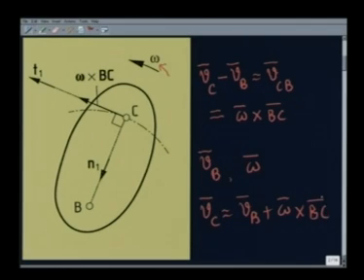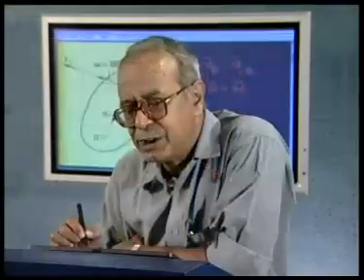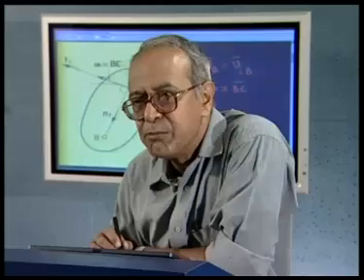We should note that there can be only 3 independent unknowns, namely 2 components of Vb and omega. Then the velocity of all other points on that same rigid body is completely determined by this equation.